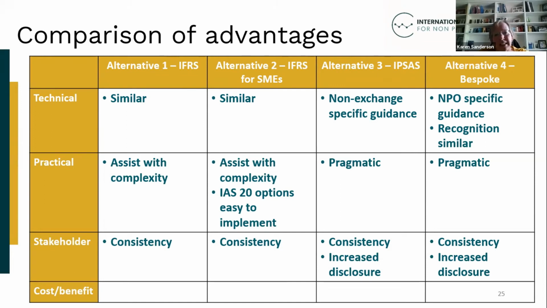From a practical perspective, alternatives 1 and 2 assist by providing guidance to apply the concepts in IFRS and IFRS for SMEs. Alternatives 3 and 4, being based on a specific standard, allow that pragmatic approach to services in kind that is not there in alternatives 1 and 2.